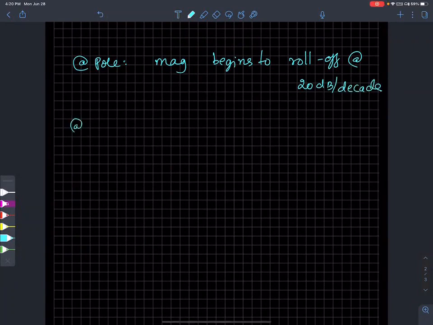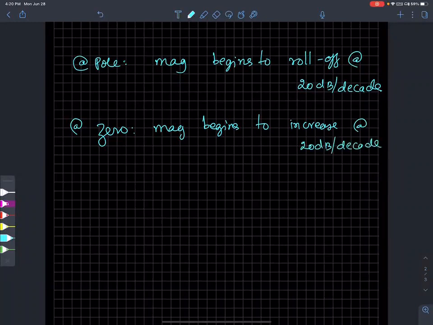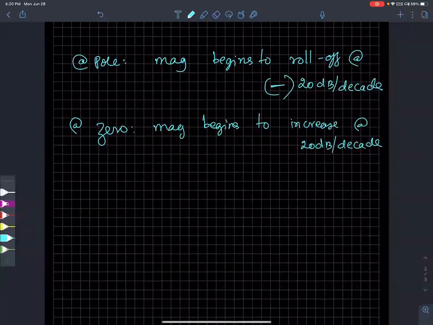And at a zero frequency, the magnitude begins to increase at 20 dB per decade. So this is going to be a negative 20 dB per decade for the pole because it's a roll off, right?